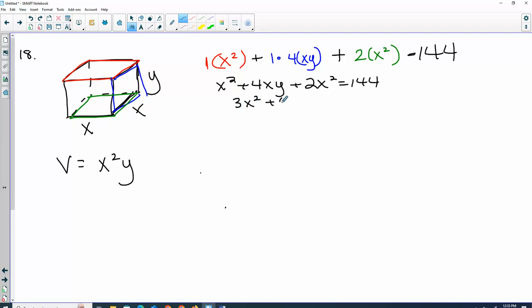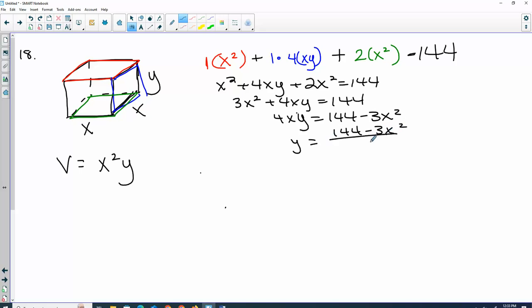Would it be easier to solve for x or y? Okay. So 4xy is 144 minus 3x squared. So y is 144 minus 3x squared over 4x.